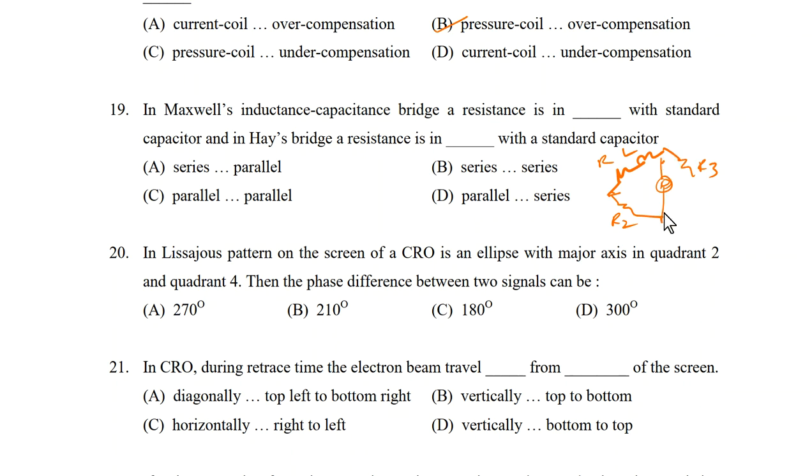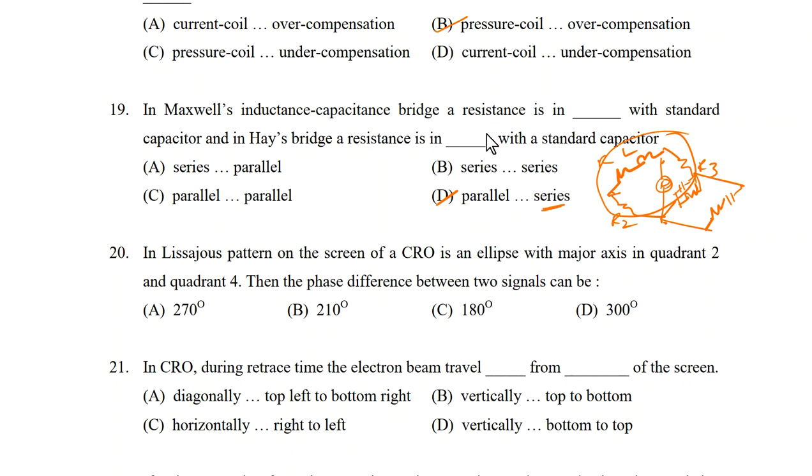These three parts are the same in both. In the Maxwell inductance capacitance bridge, the capacitor is in parallel with a resistor. In the Hayes bridge, the entire network will be the same, and here there is a resistor and capacitor both in series. So the answer will be D here.